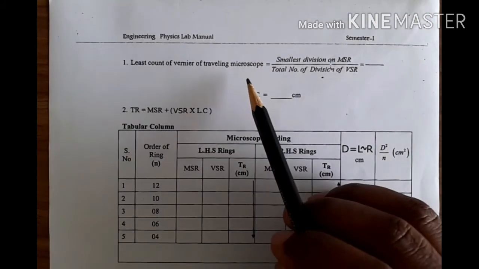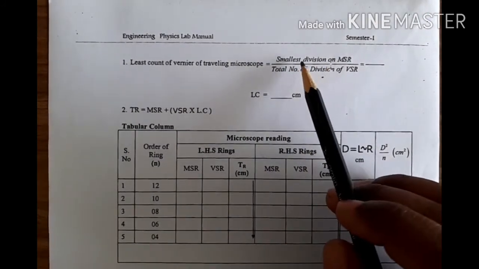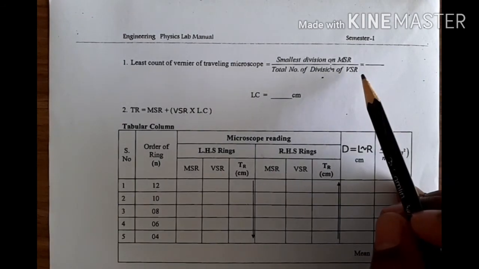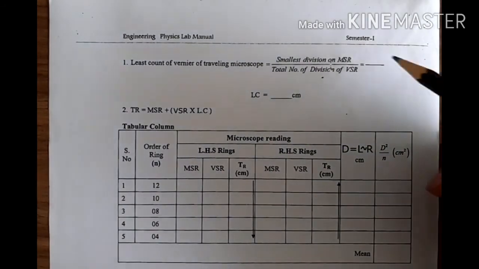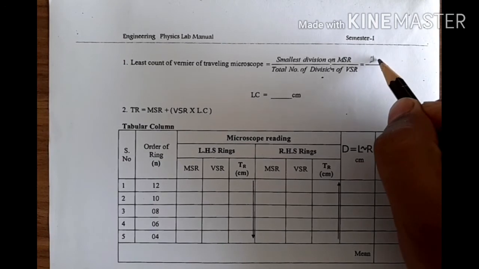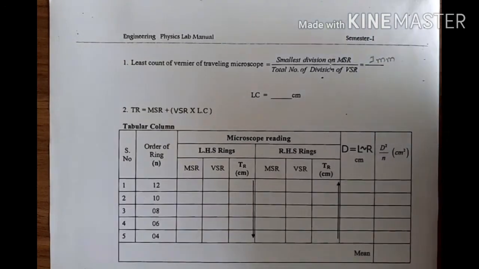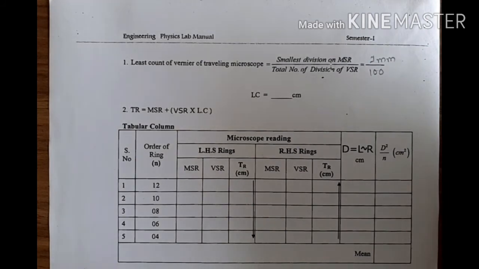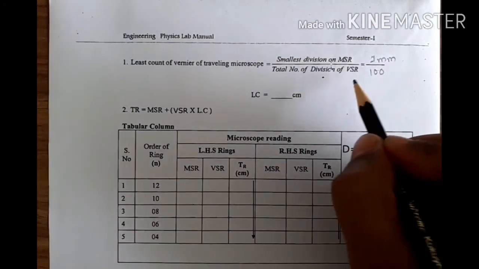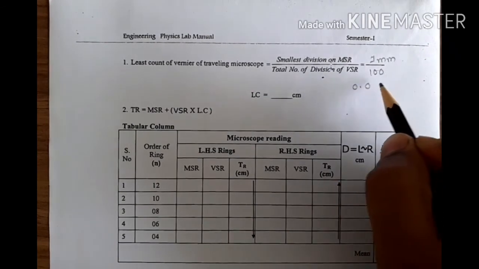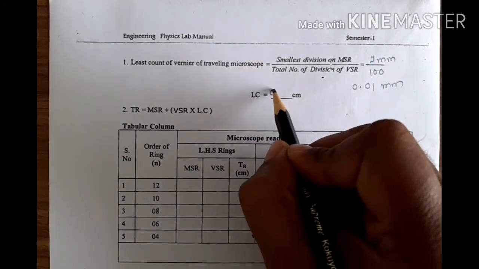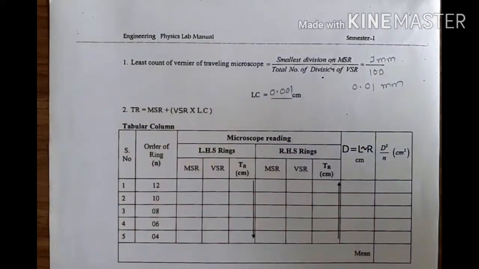The least count of the traveling microscope is the smallest division on the main scale divided by the total number of divisions on the vernier scale. That is 1 mm, the smallest division on the main scale, divided by 100, the number of divisions on the vernier scale. So it will become 0.01 mm, or in centimeters it is 0.001 centimeters.